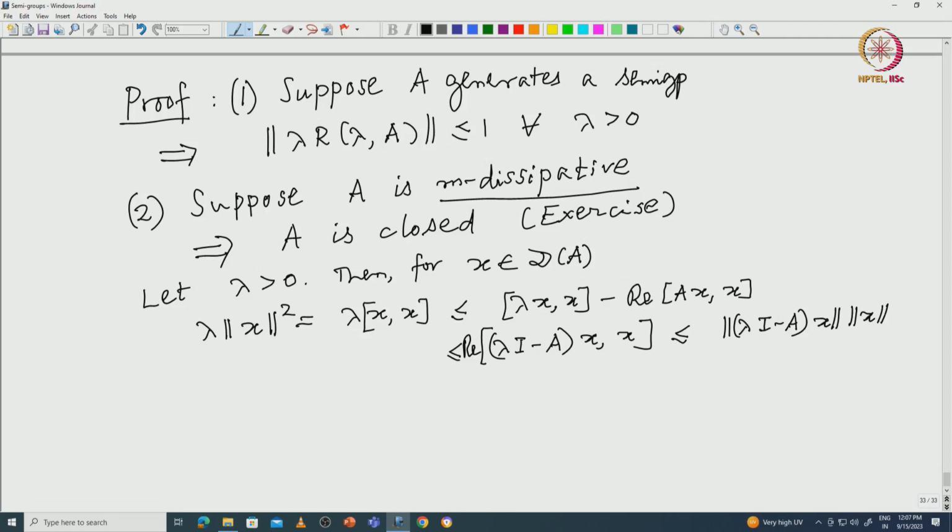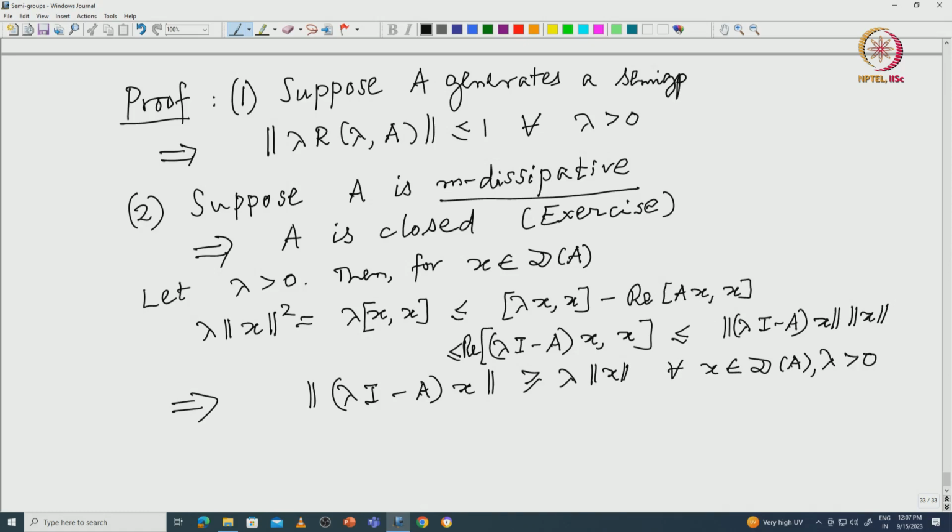So this is one important estimate, and this holds true for all x in D(A) and lambda positive.